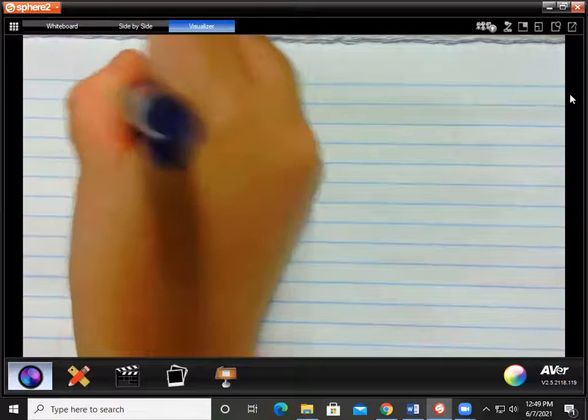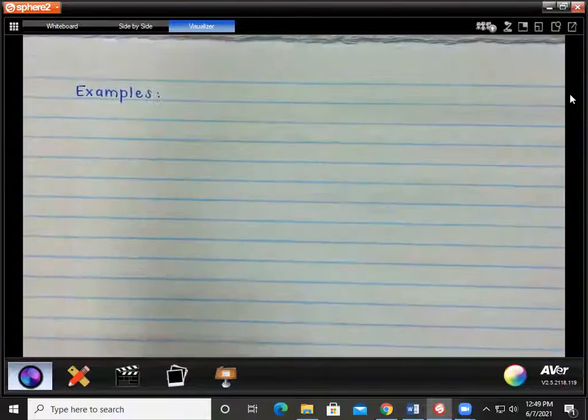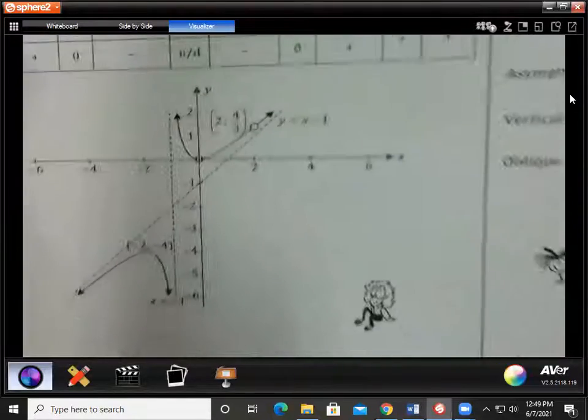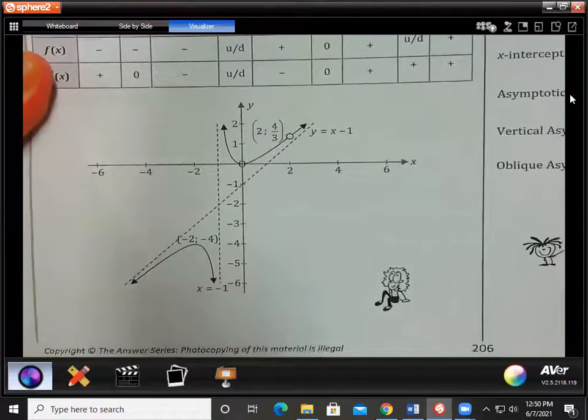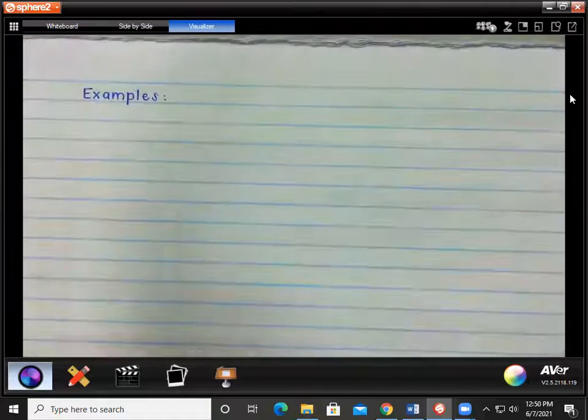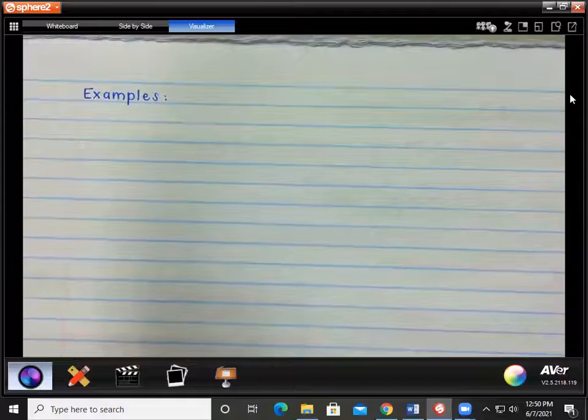So we're going to have functions that I can just show you quickly in the book that are going to look different to what we're used to as well. Yeah, so we're going to even do oblique asymptotes as well. So yeah, that stuff is still coming. So we're going to do a lot of discussion around asymptotes still. So don't stress about that yet.